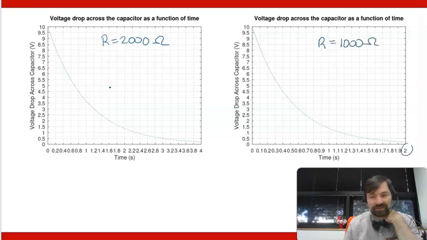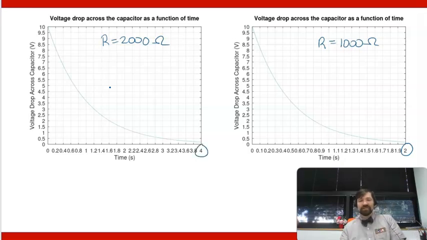You'll notice that the time axis has changed in that these numbers are all half as much as these numbers, or the numbers here are twice as much as the numbers here. So doubling the value of R or halving the value of R causes a doubling or a halving of the discharge rate in some way.